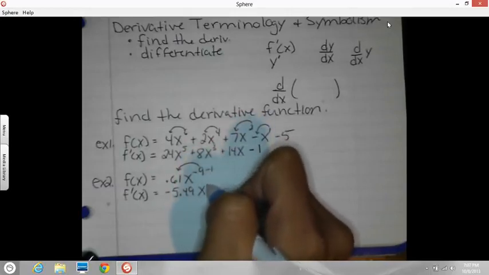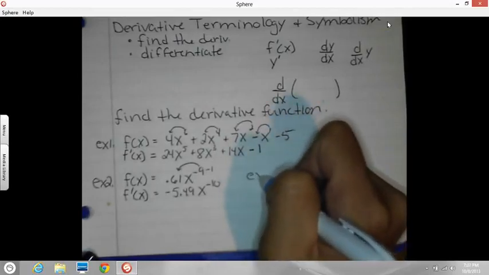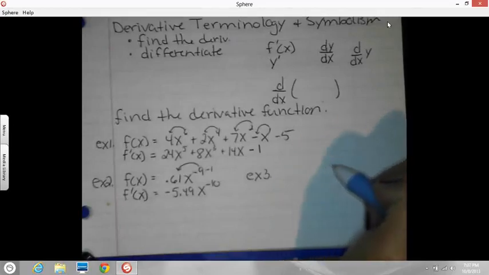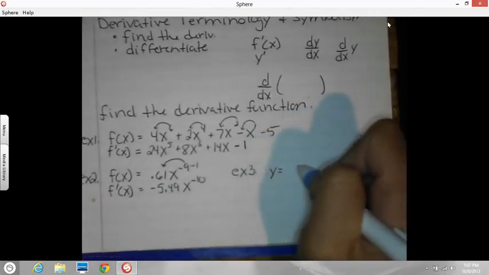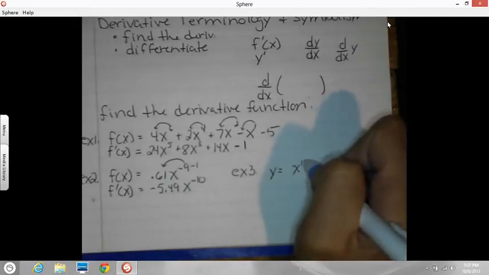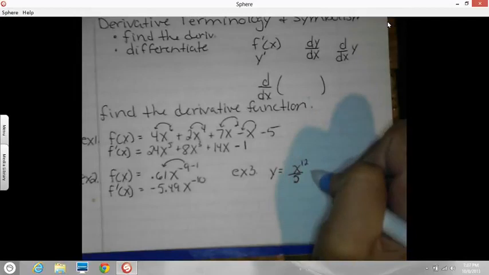Okay, try another. I've got y equals x to the 12th over 5 plus 3x squared minus 1.